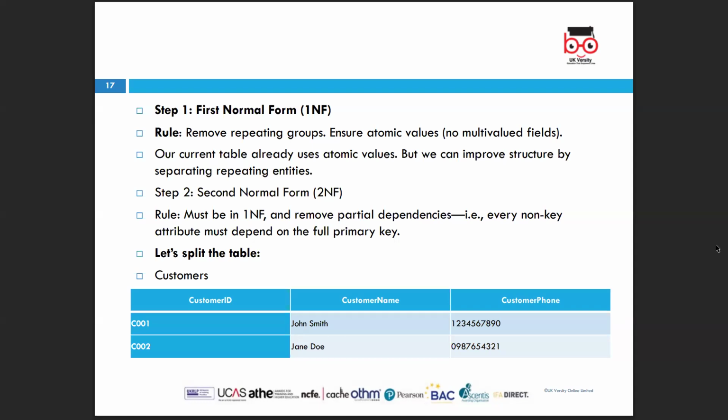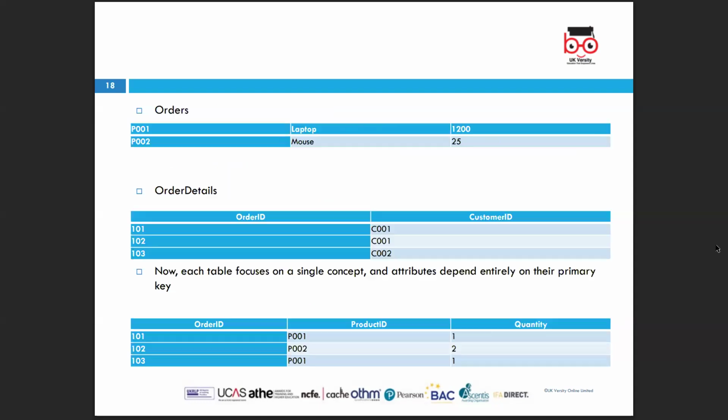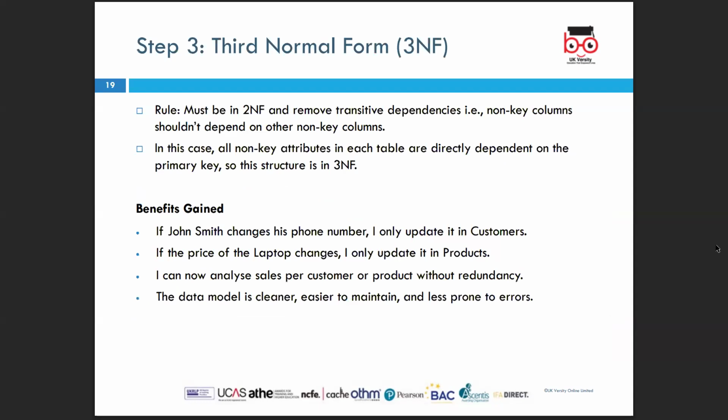Step 2 is second normal form, where we must be in first normal form and remove partial dependencies, so every non-key attribute must depend on the full primary key. We now split this into multiple tables. This is the whole process of normalization.